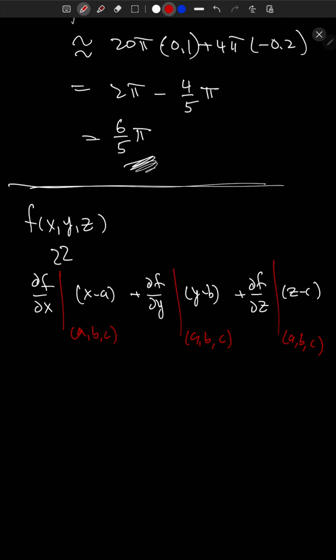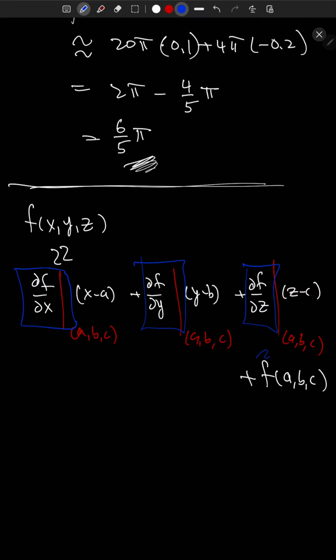And again, you would know if you were doing this in an application, you would need to know that number, but it would just be a number, that number, and that number, right? Maybe 3, 4, and 5. Sorry, I forgot my last term. Plus f of a comma b comma c, right? And again, you would also need to know this guy.